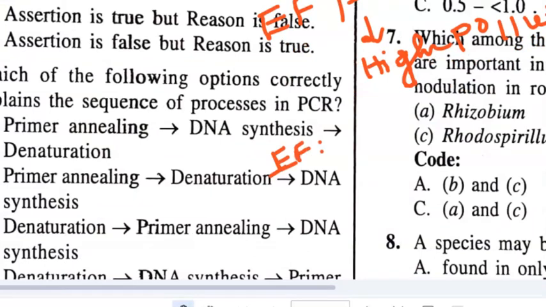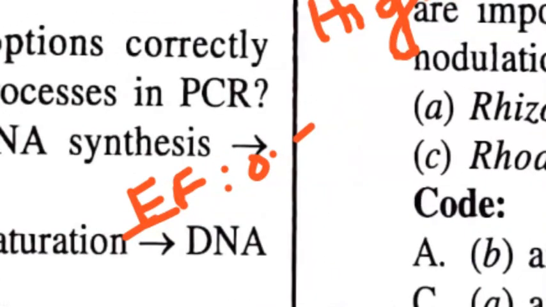EF value between 0.5 and 1. The exceedance factor is 0.5 to 1, so moderately polluted.